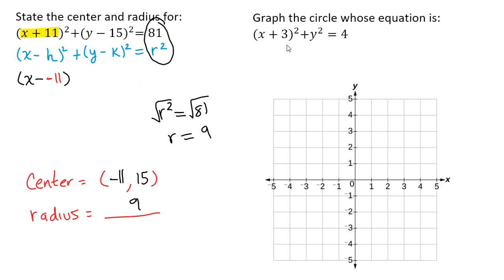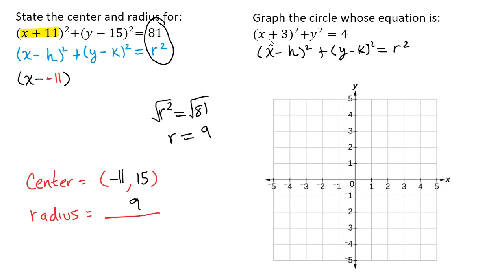Over here I need to graph the circle whose equation is (x plus 3) squared plus y squared equals 4. Once again, I need to have (x minus h) squared plus (y minus k) squared equals the radius squared.